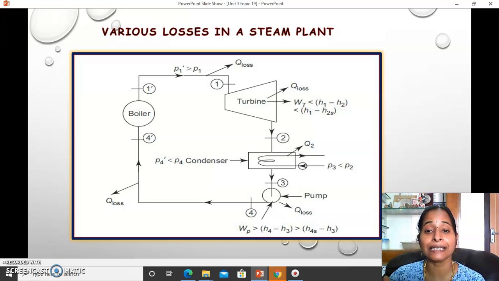Of course it is lower than what we have calculated in the paperwork. You have to understand that these components are imperfect in view of the ideal cycle.